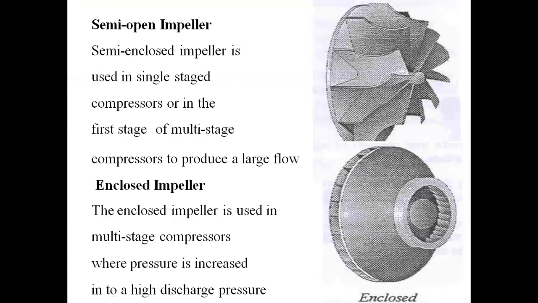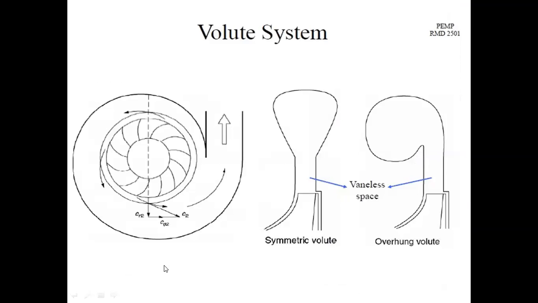The semi-open impeller is used in a single stage compressor or in the first stage of a multi-stage compressor to produce large flow. The enclosed impeller is used in a multi-stage compressor where pressure is increased to a high discharge pressure.